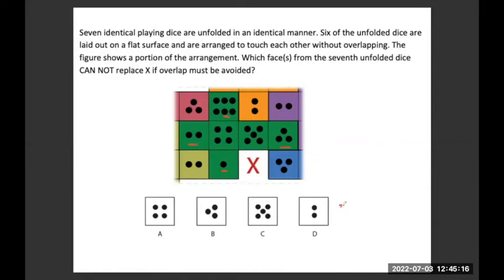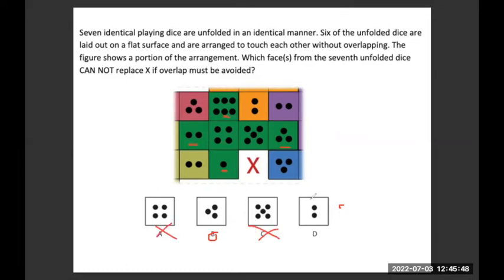So 2 can come, 3 can also come, and 6 can come, and 1 can come. 5 and 4 which are in the middle cannot come here because if 5 or 4 comes here, there will be overlap. If we place 5 here, some part will be overlapped with this box and some part with this box, which is not possible. So 5 and 4 automatically get eliminated.